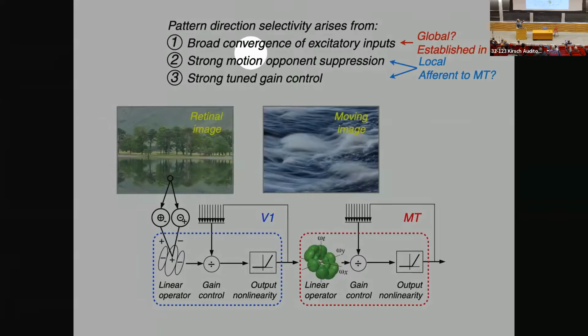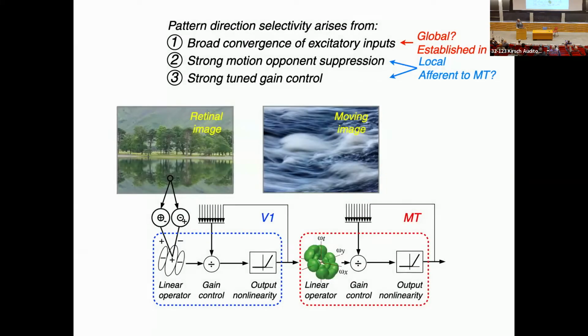So there are certain properties that V1 cells have to have for this model to work, and there are certain ways in which they are combined in the downstream area, in this case MT, which also have to be true for the model to work.